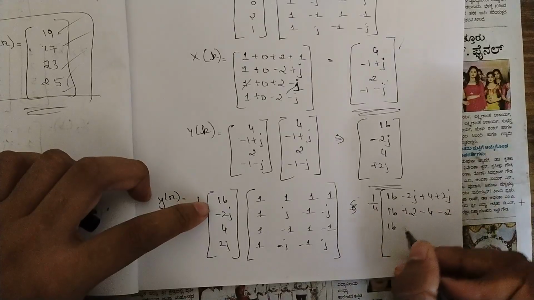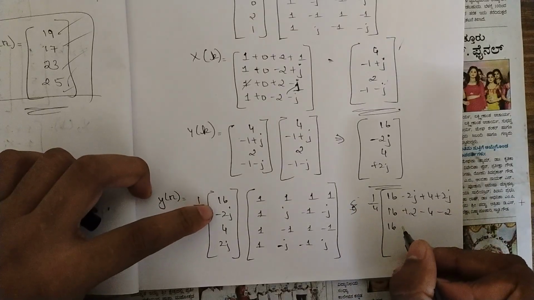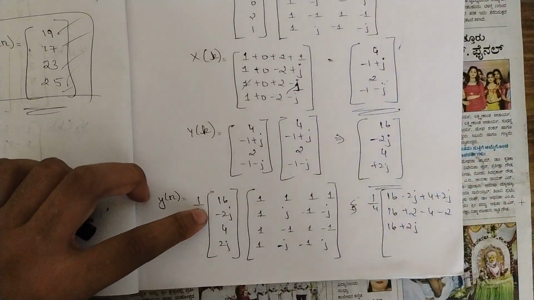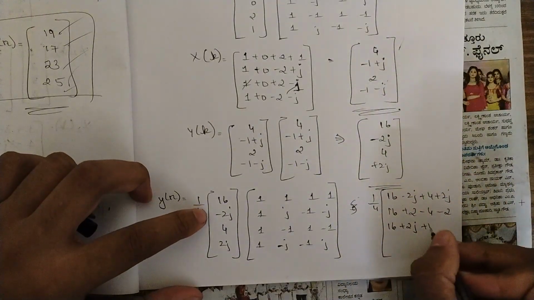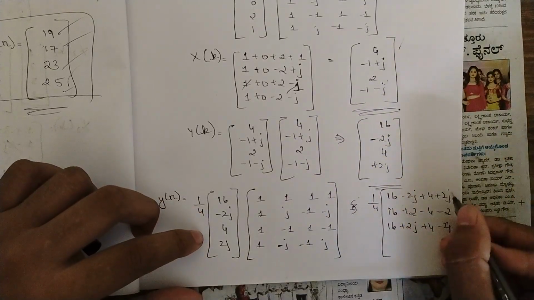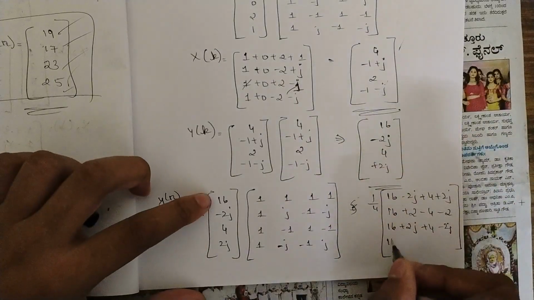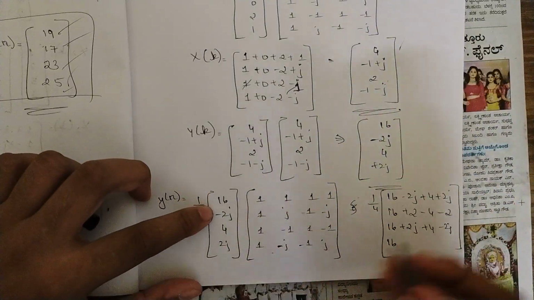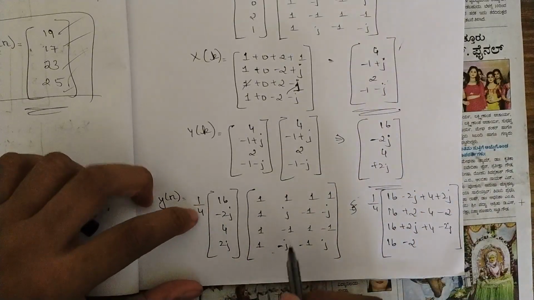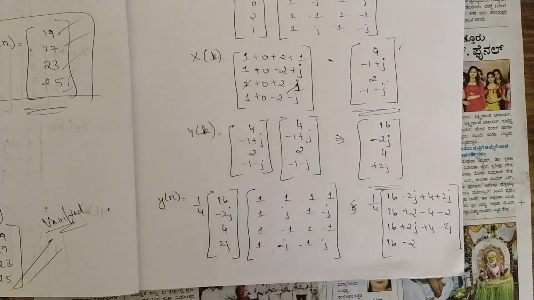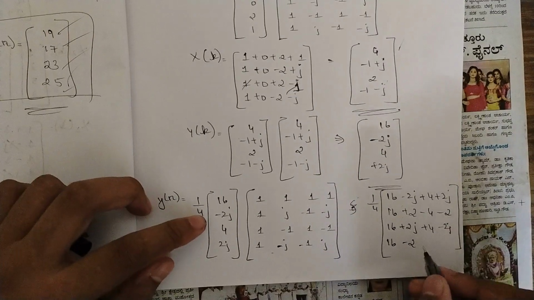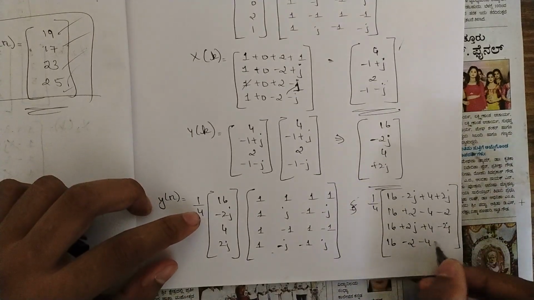Then we have 16 plus 2j plus 4 minus 2j. 16 minus 2j into minus j, that is minus 2, since minus 2j square, so j square is minus 1, so minus 2. Minus 4 minus 2.